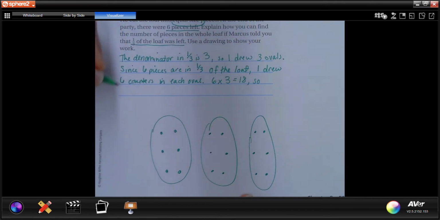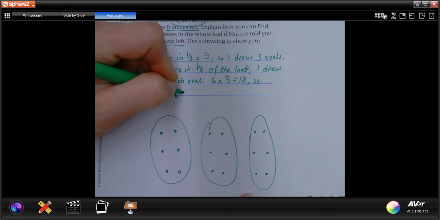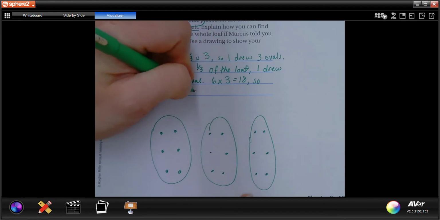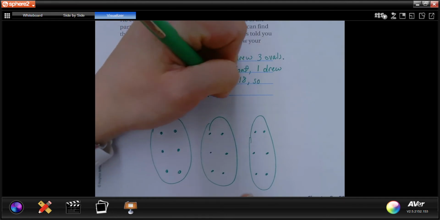So there were 18 equal size pieces in the whole loaf.